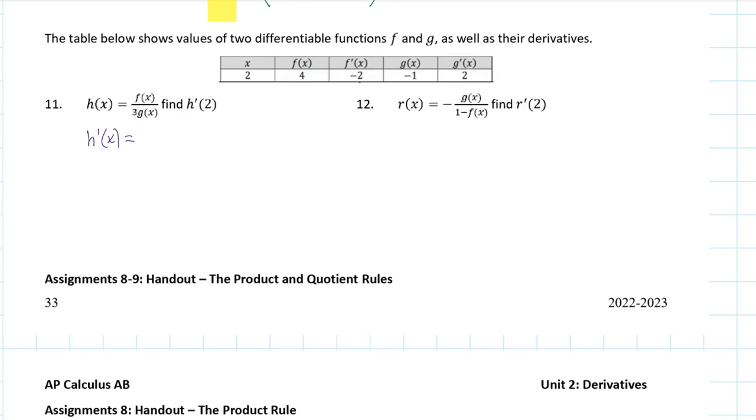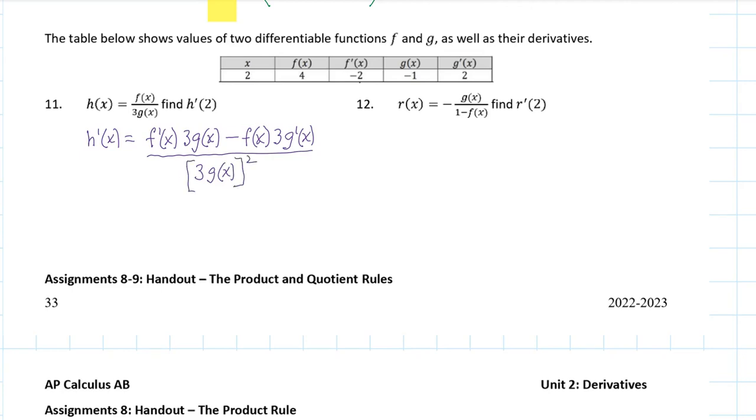The derivative of the top, that's f prime of x, times the bottom, so that's 3g of x, minus the top, f of x, times the derivative of the bottom, which is 3 times g prime of x, all over the bottom, 3g of x, squared.